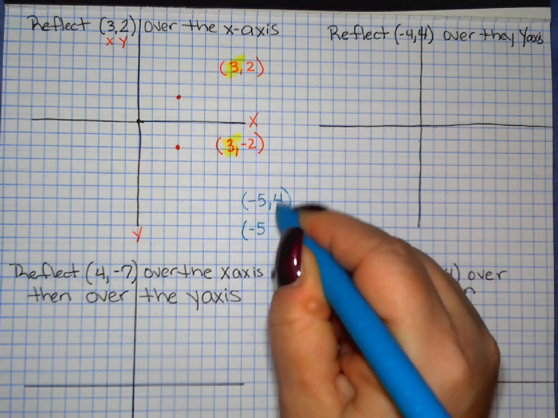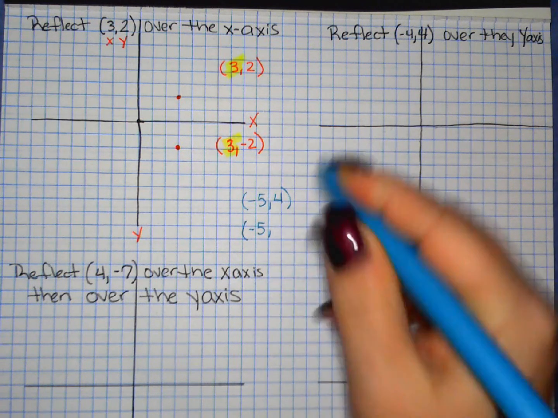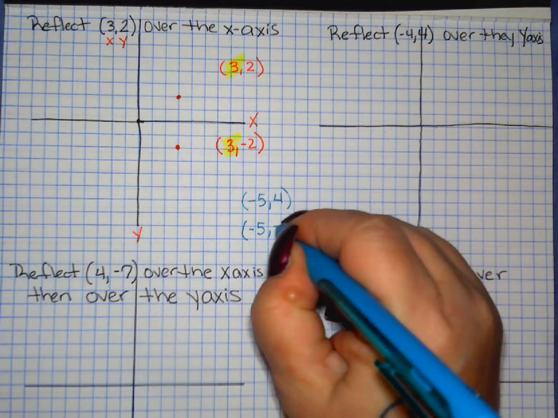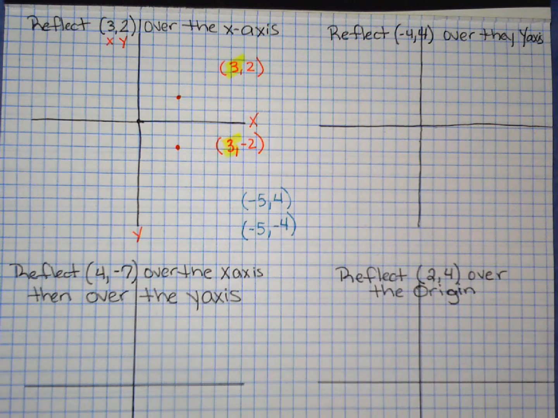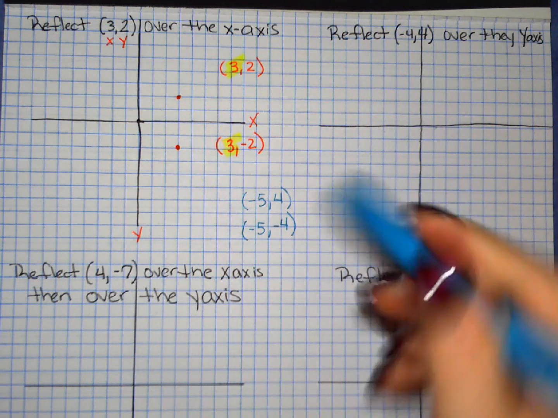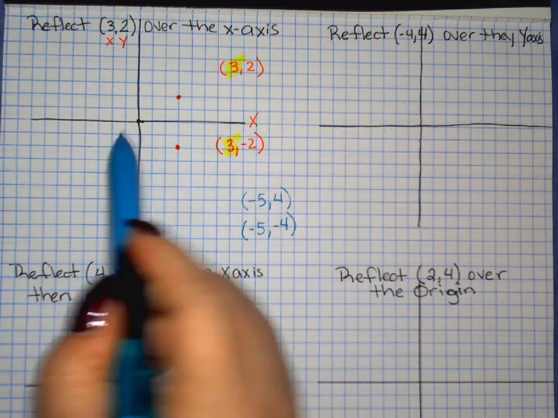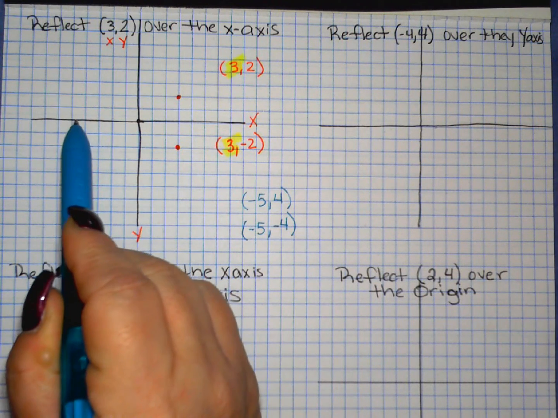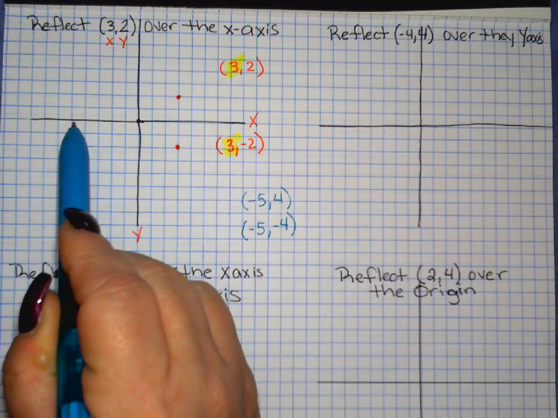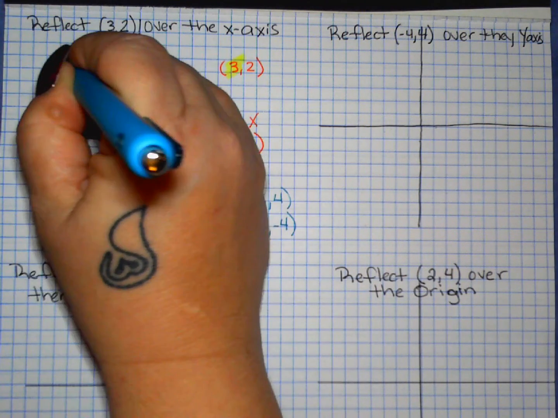And since the y is what's going to change, I can change it to -4. So let's try that. Let's see if that actually works out. Let's see if I'm right. Okay. So -5, so I'm going to the left 1, 2, 3, 4, 5, and I'm going up 4. Up 4, here I am.